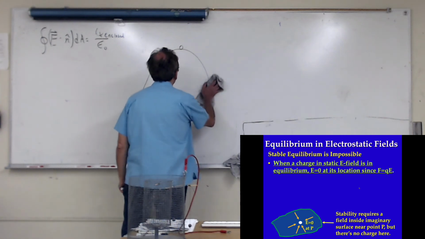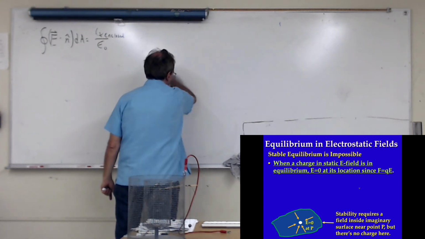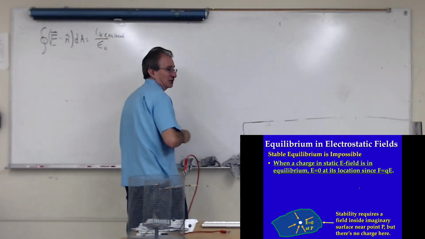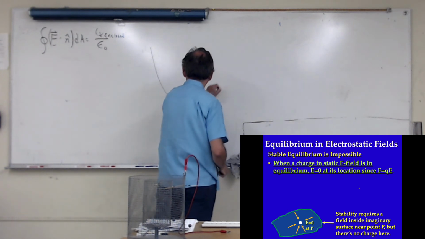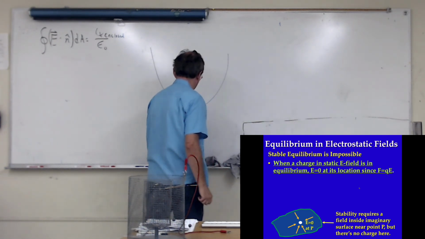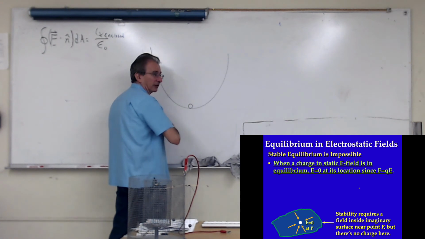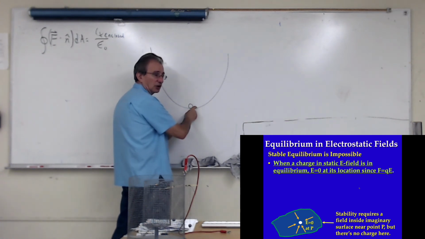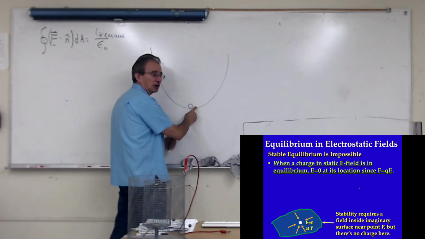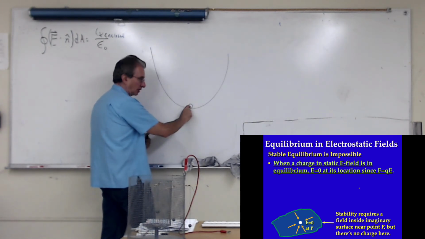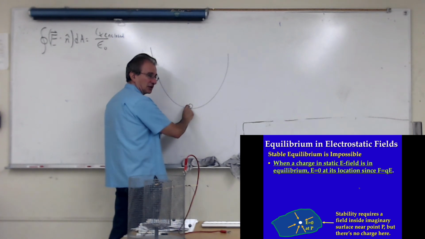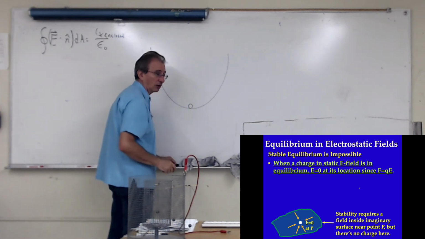Now, what if I have that ball at the bottom of a hill, where the potential energy is minimized? If I push it to the left, there's going to be a force on it to the right, making it want to go back towards the equilibrium position. If I push it to the right, there will be a force on it to the left, making it want to go to the equilibrium position.